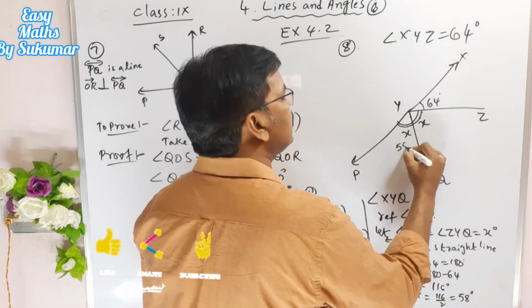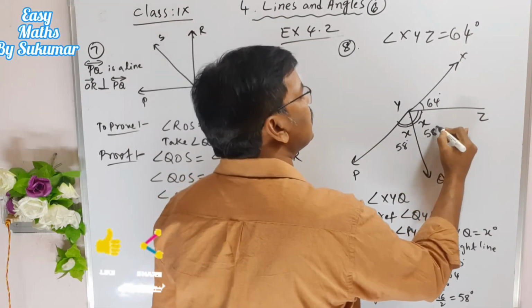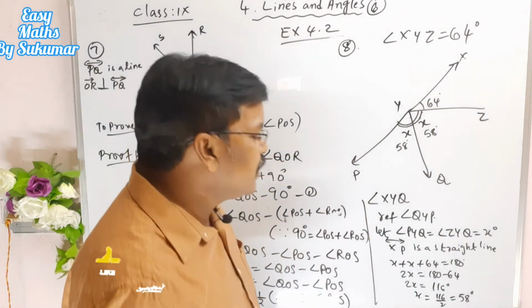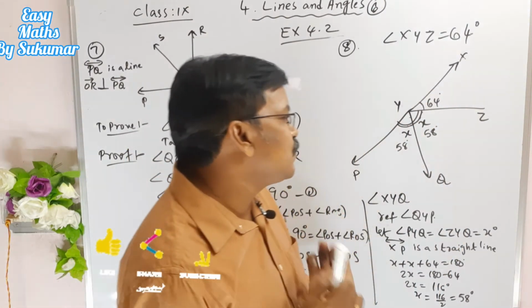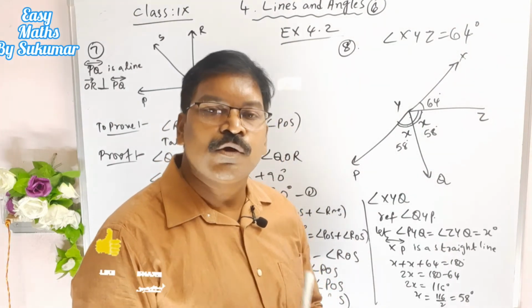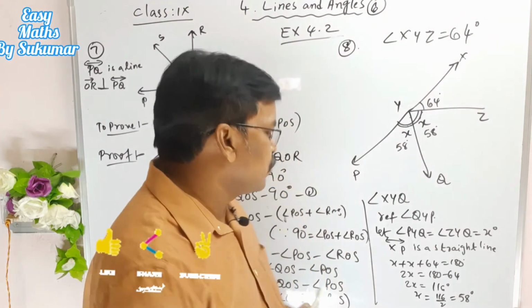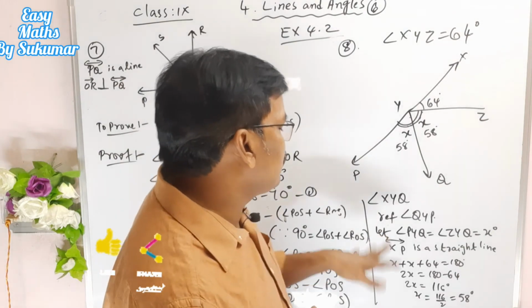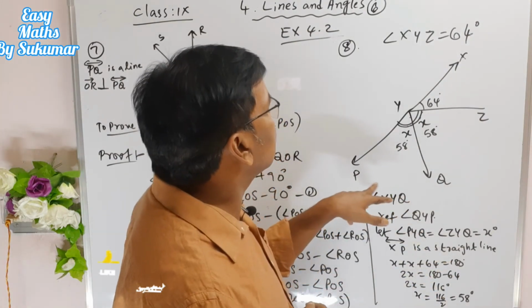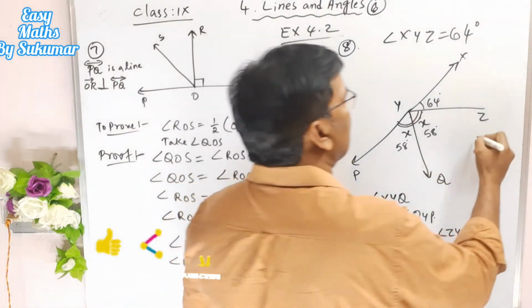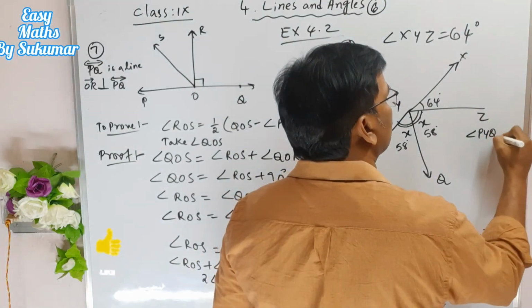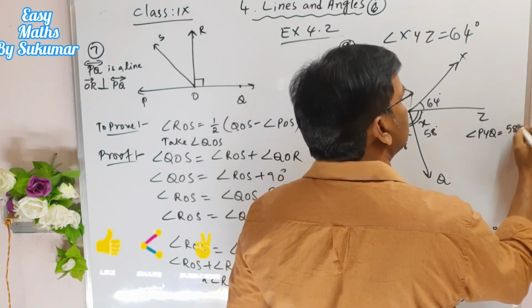So this is 58 and this is 58, this is 64. 58 plus 58 is 116, 116 plus 64 is 180 degrees. Okay, now we find the x value. X means what? Angle PYQ. Angle PYQ is equal to 58 degrees.